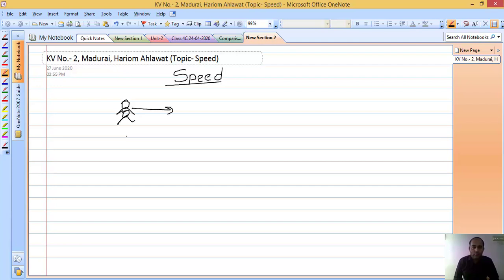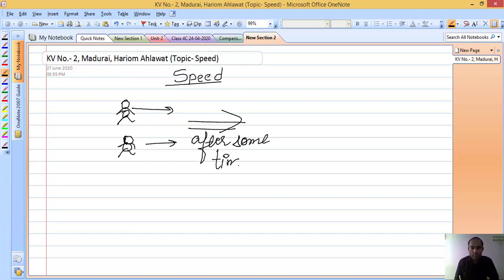Okay, two students start running at one point, and after some time, you see one student overtake the other one.